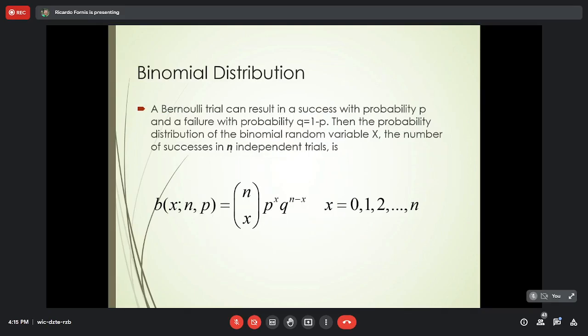Now, the Bernoulli process will be used in the binomial distribution.